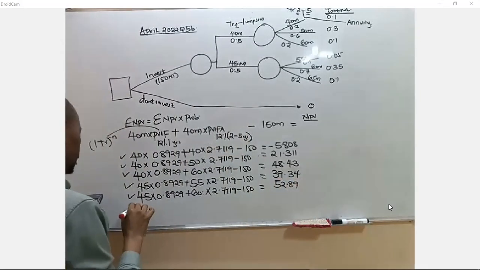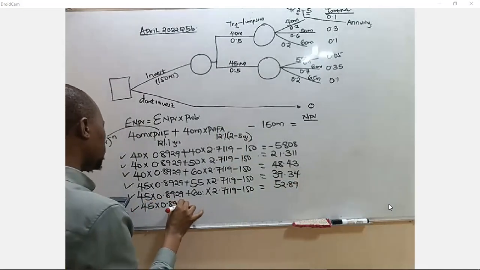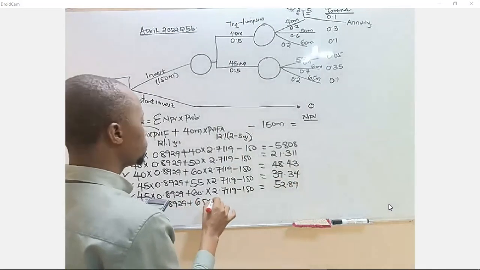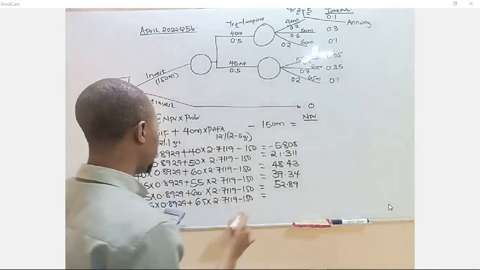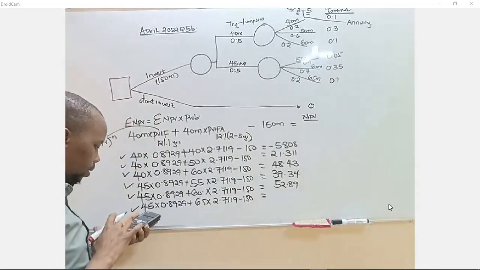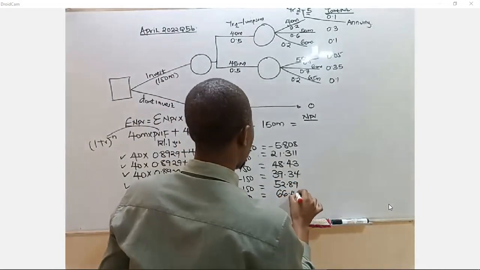Then the last one will be 45 times 0.8929 plus 65 times 2.7119 minus 150. So let us go to 65, getting 66.45.